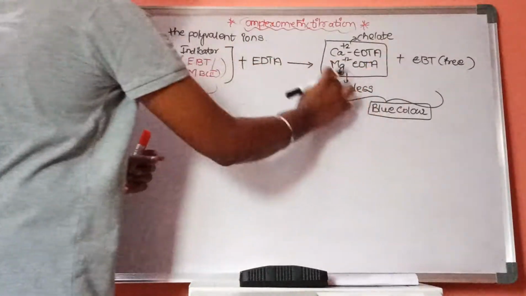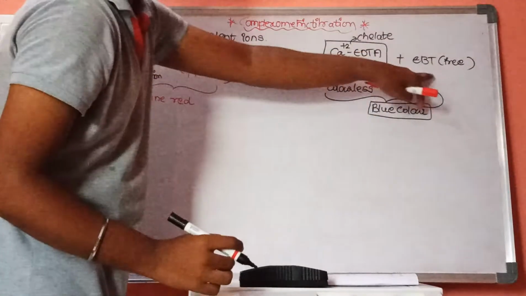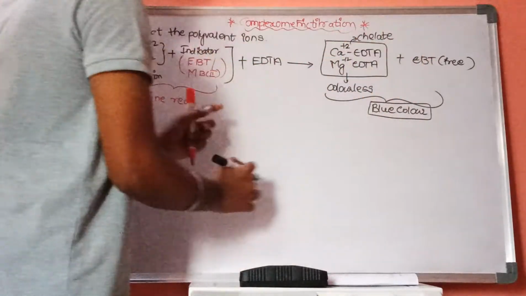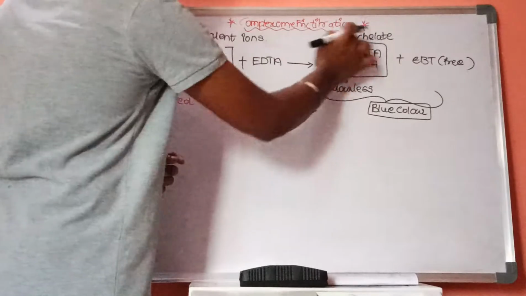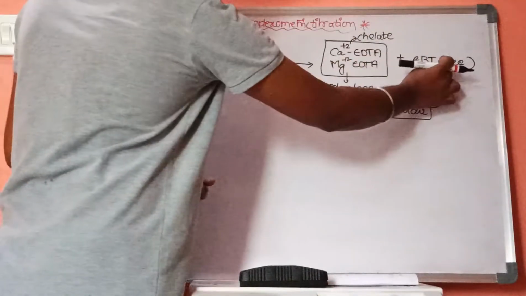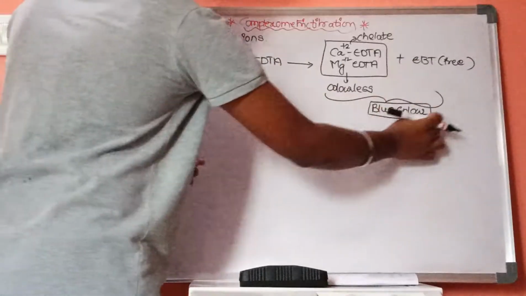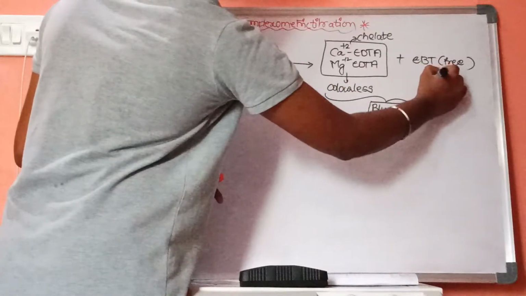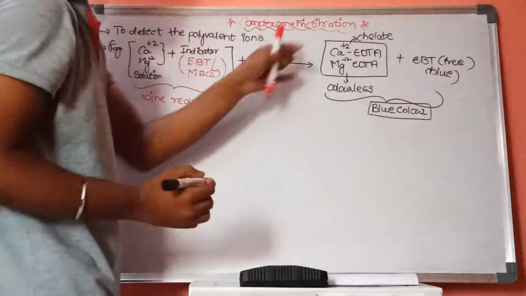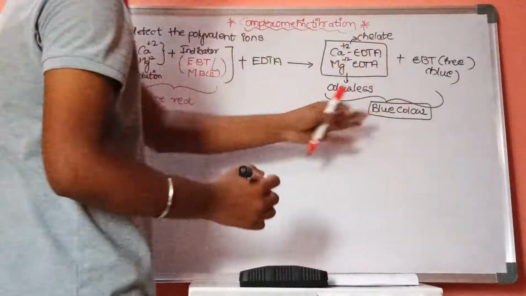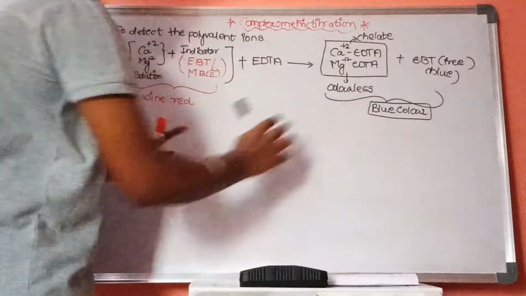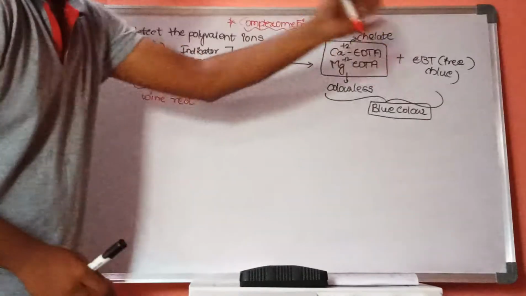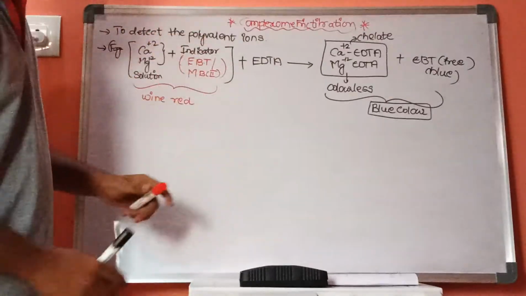This is a colorless solution and some amount of free indicator will remain. This chelate will react with this free indicator and form blue color. When blue color is formed, the endpoint is detected, and this entire process is called complexometric titrations.